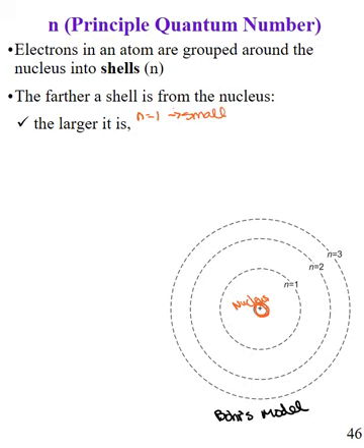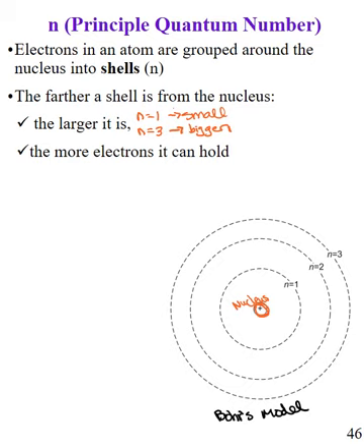Now, let's say you look at n equals 3. N equals 3 is going to be a lot bigger. Because n equals 3 is bigger, you can hold more electrons. If n equals 1, that's fairly small, so it can't hold as many. N equals 3 is bigger, so it can hold more.